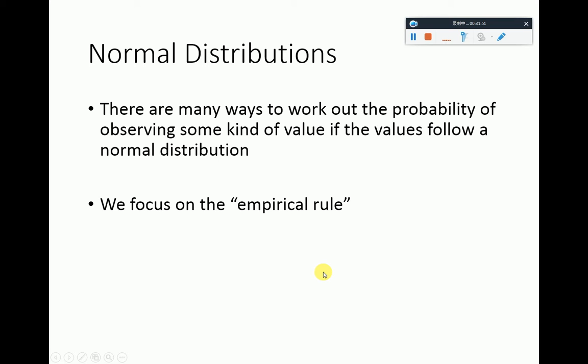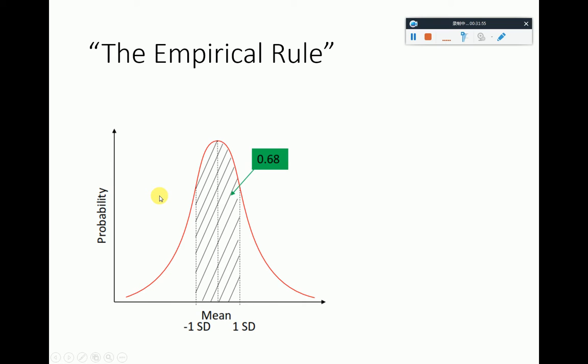Okay, so here is what the empirical rule says. The first statement of the empirical rule says, given a normal distribution, the probability of a score that falls within one standard deviation around the mean is about 68%. Here is one standard deviation above the mean, here's one standard deviation below the mean.